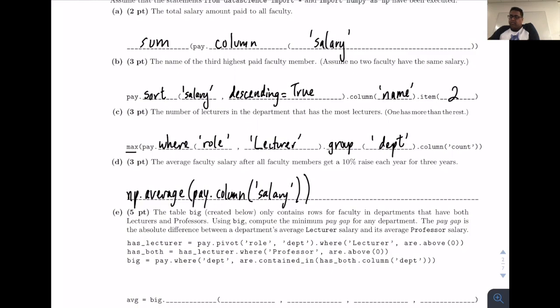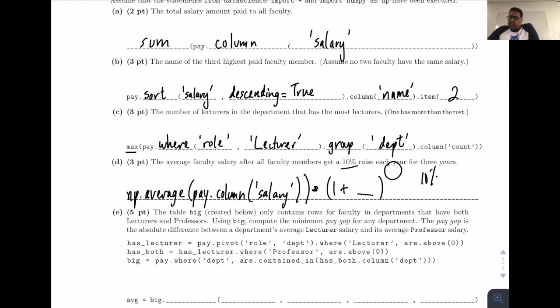So now how do we transform this 3 years into the future, we ask? Well, this is just a formula we're accustomed to from lecture. If we're increasing something by some given percent value for a certain period of time, we just multiply it by 1 plus the percentage increase exponentiated to the time period. So here, we're getting a 10% raise each year.